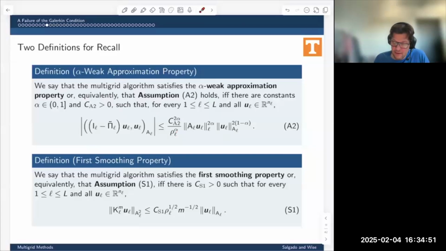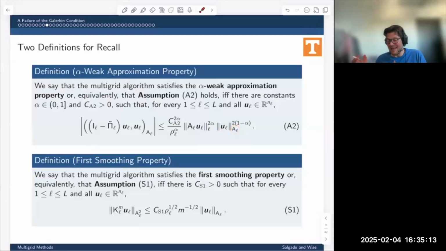All right, now we're going to take the canonical L norm of AL times UL, right? This is the Euclidean norm on level L, raised to the 2 alpha power. And we have UL in the AL norm.